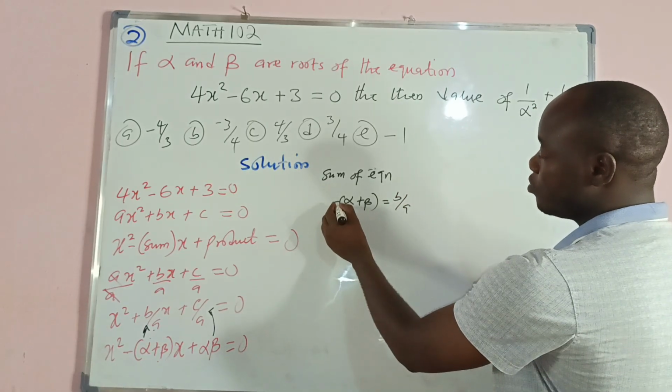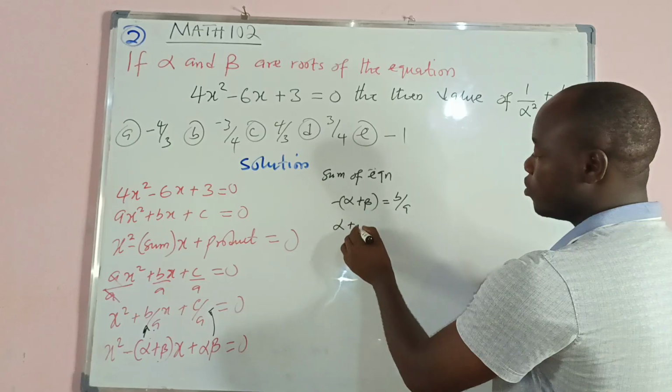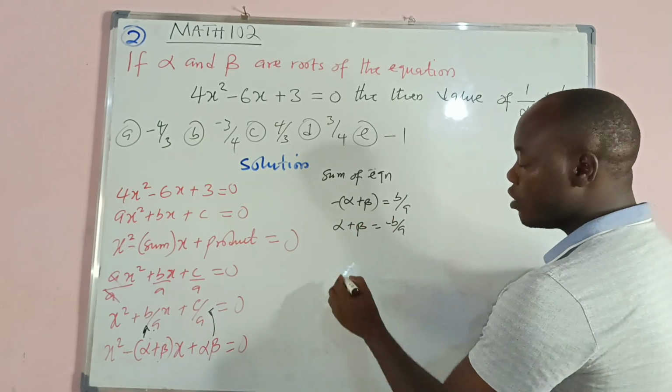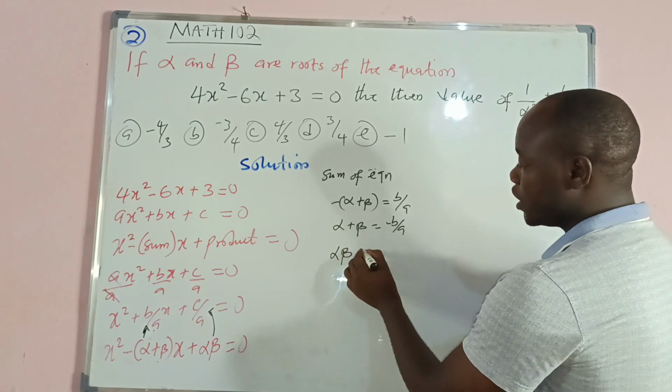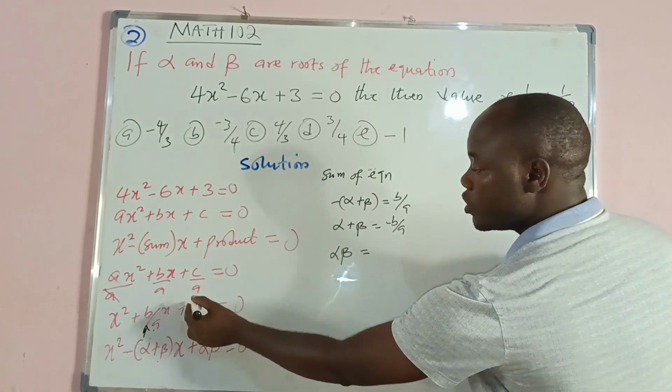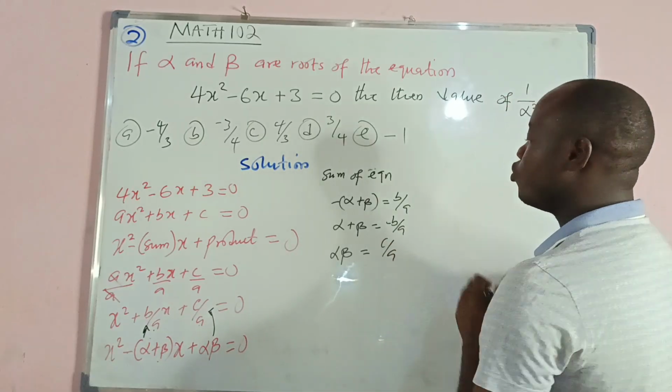So it means that to remove this negative, alpha plus beta is equal to minus b over a. And for the product, alpha times beta is equal to c over a.